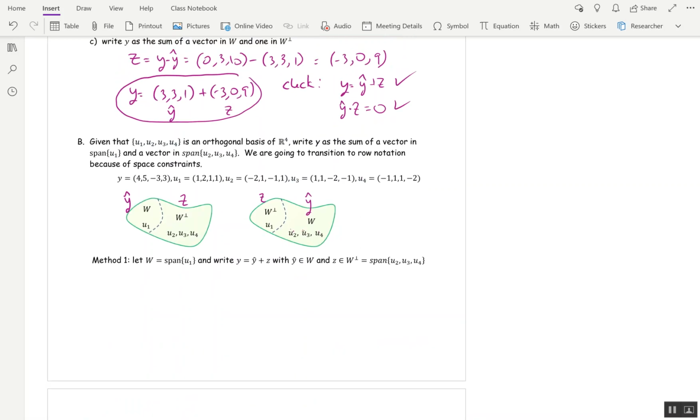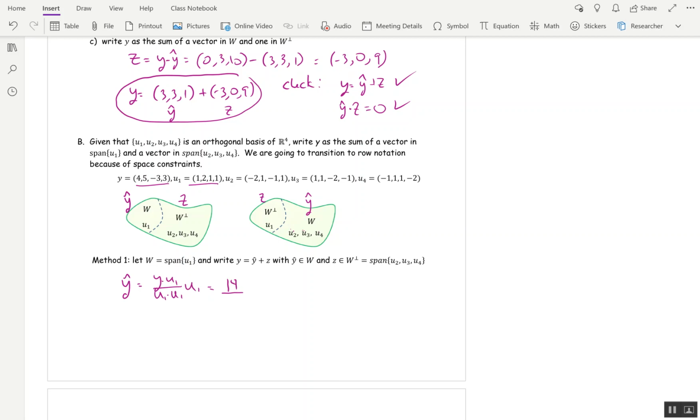So first, let's find Y hat using method 1. Y hat's going to be Y dot U1, U1 dot U1, U1. Okay, Y dot U1. So here's Y, and here's U1. And if I dot, I get 4 plus 10, I get 14.